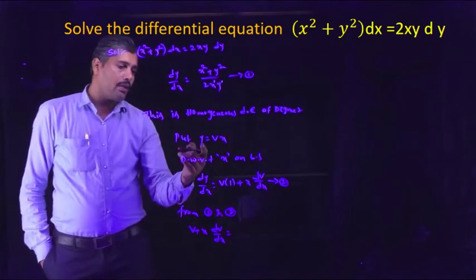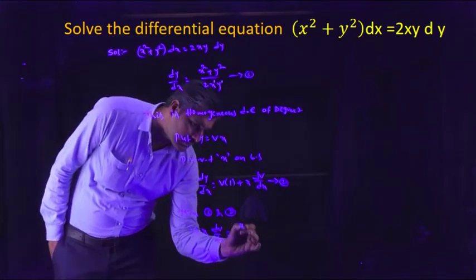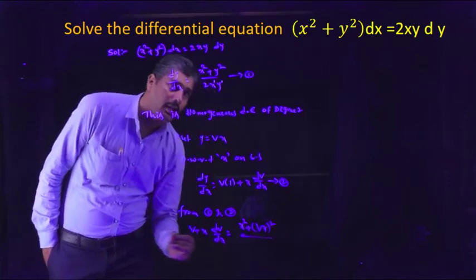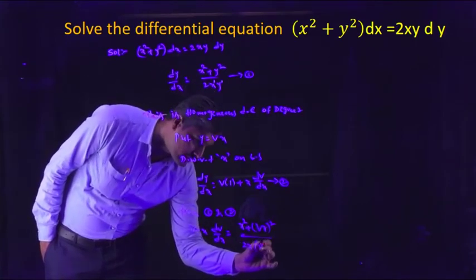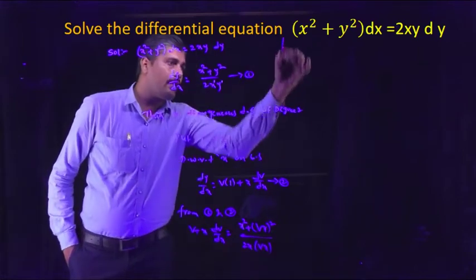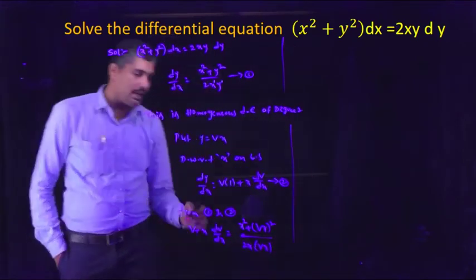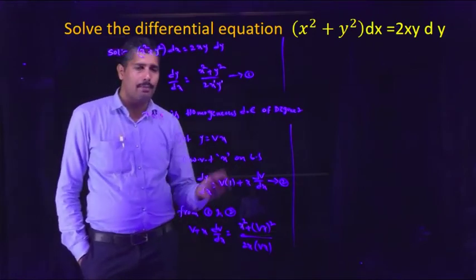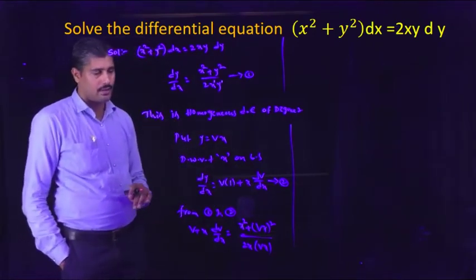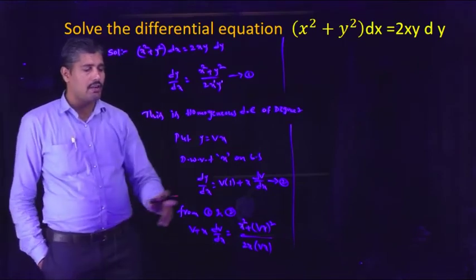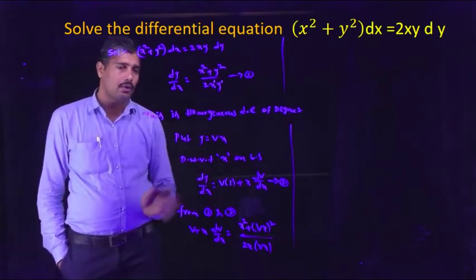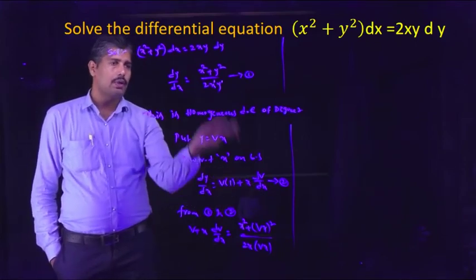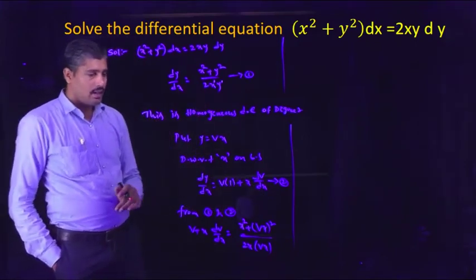we take y equal to vx, that is x square plus vx whole square by 2x into vx. In every problem we get v plus x into dv by dx, that is common to every problem in the homogeneous differential equation. Every time we take dy by dx equal to v plus x into dv by dx, this value comes, substitute here, then we get the equation like this.